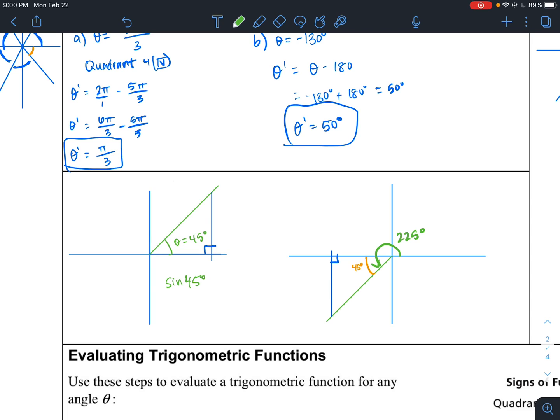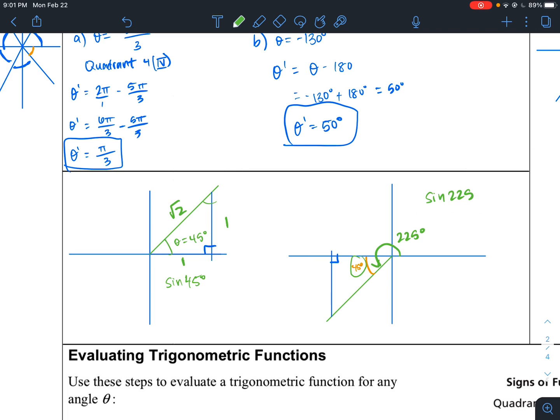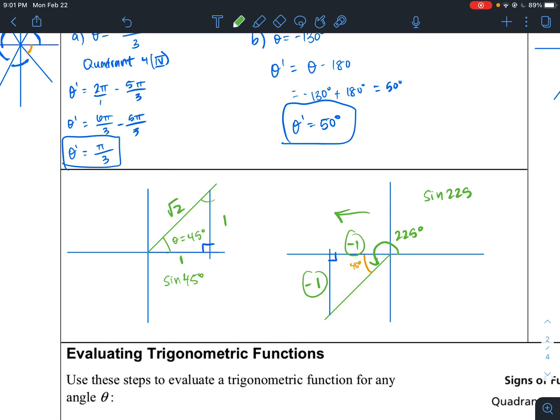This is a special triangle, right? With a 45, 45, 90 triangle, the ratio is always 1 to 1 to the square root of 2. Similarly over here, if I do sine of 225, this makes a 45 degree angle down here, which means that this is negative 1, this is negative 1. Again, in terms of the coordinate plane, these are negative because we went in the negative x and then negative y. And then this is square root of 2.